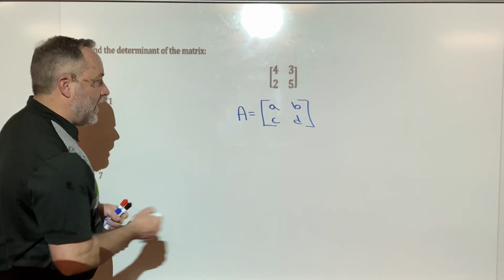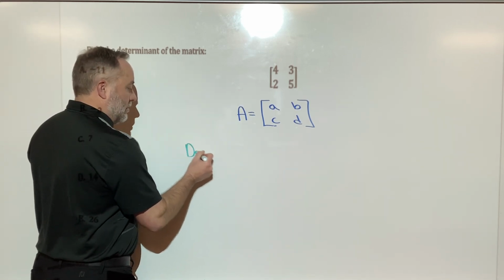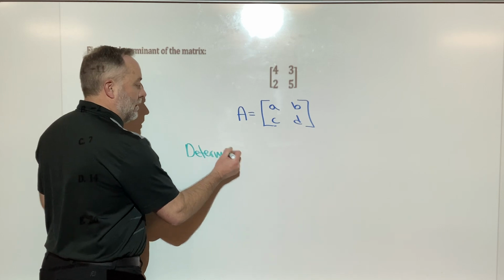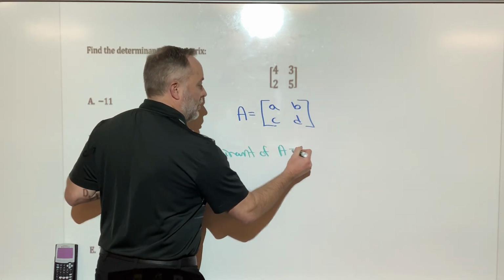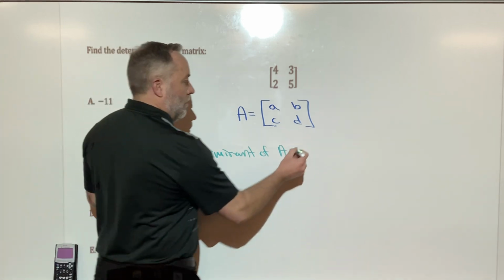So then to find the determinant of A, so let's just write it like this, determinant of A, which in shorthand notation would look like this.